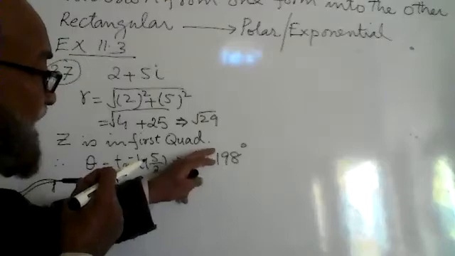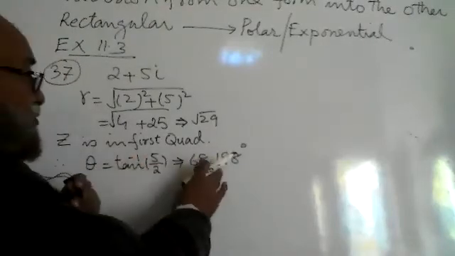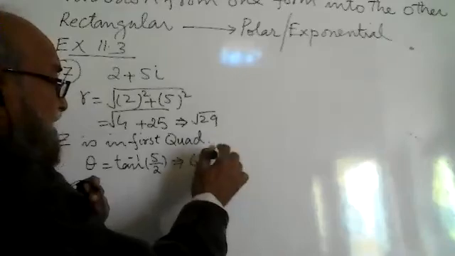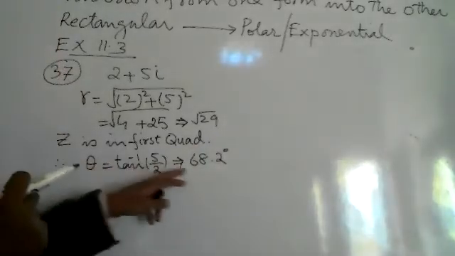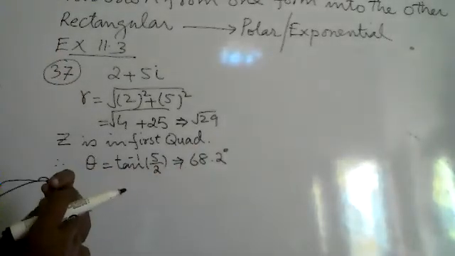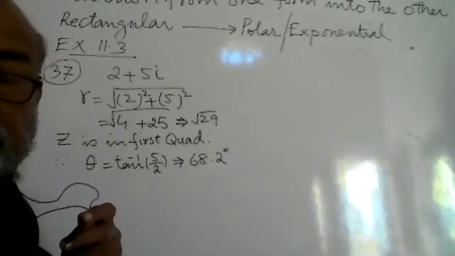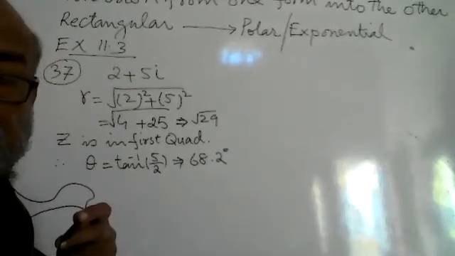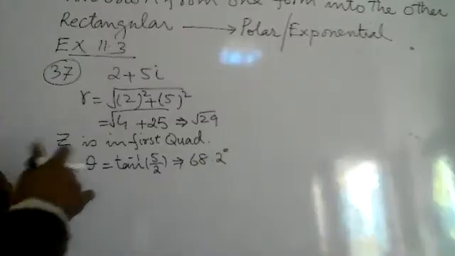In this number we add 1, so this is already 1, we add 1, it will become 2. So this answer is 68.2 degrees. Theta will become 68.2 degrees.